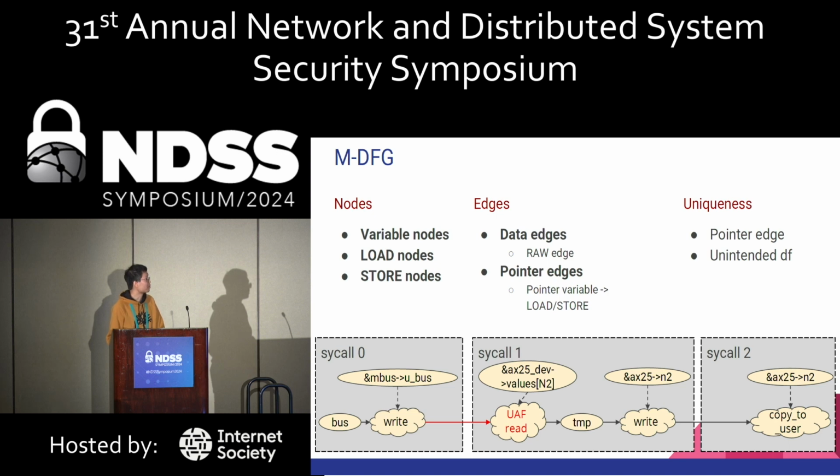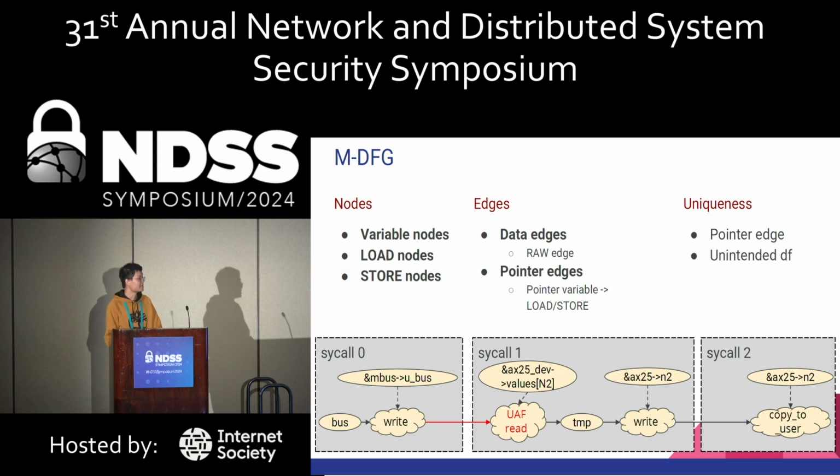So let me explain pointer edge, because exploiting memory corruption is mostly about corrupting pointers. So we have dedicated pointer variable nodes, and we have dedicated load nodes, store nodes. They are connected by pointer edge.